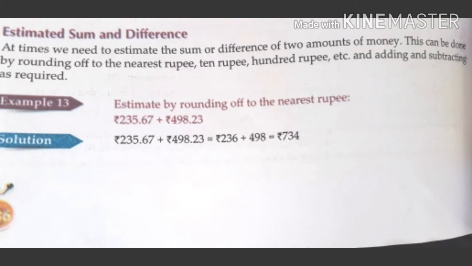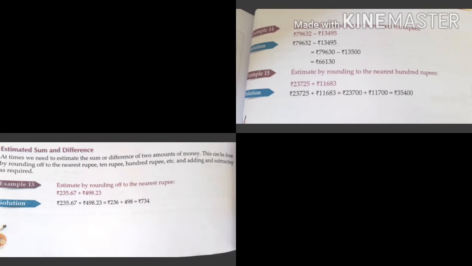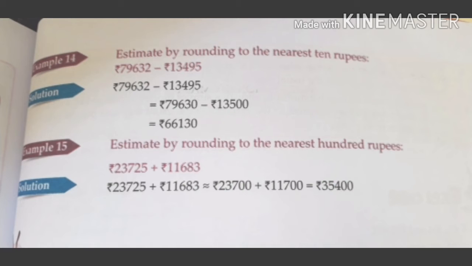The next one: estimate by rounding to the nearest 10 rupees, 79,632 rupees minus 13,495 rupees. There is no decimal point given here. So 79,632 becomes 79,630, since 2 is there, it is 30 only.